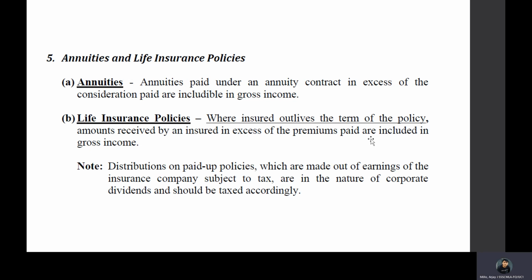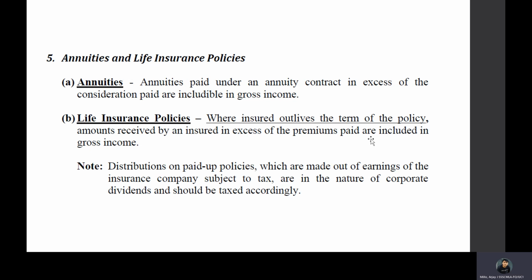So for example, ang binabayad mo for a month for annuities is 10,000. Then after let's say 20 years, na-receive mo na. So if compare mo lahat ng consideration paid as compared dun sa na-receive mo, yun yung magiging subject lang sa income tax. So kung magkano lang yung excess.